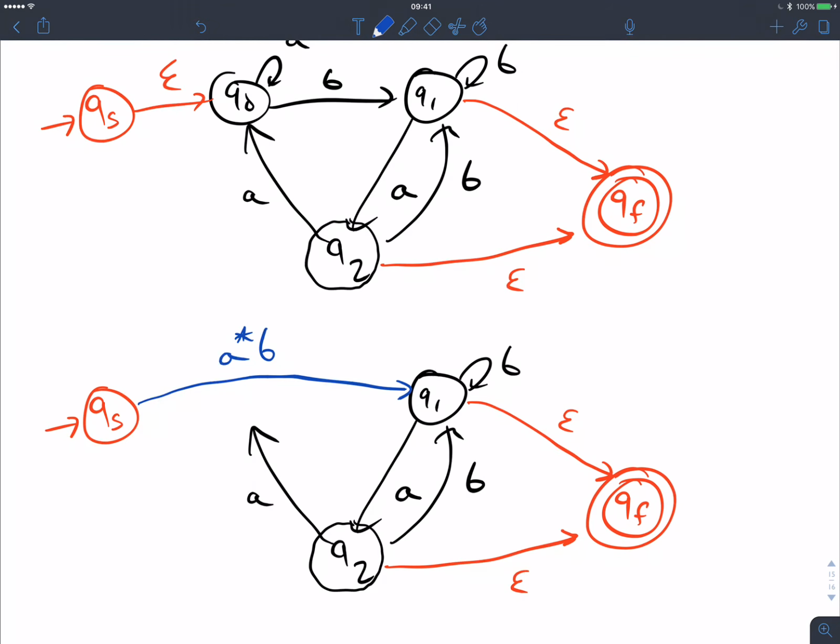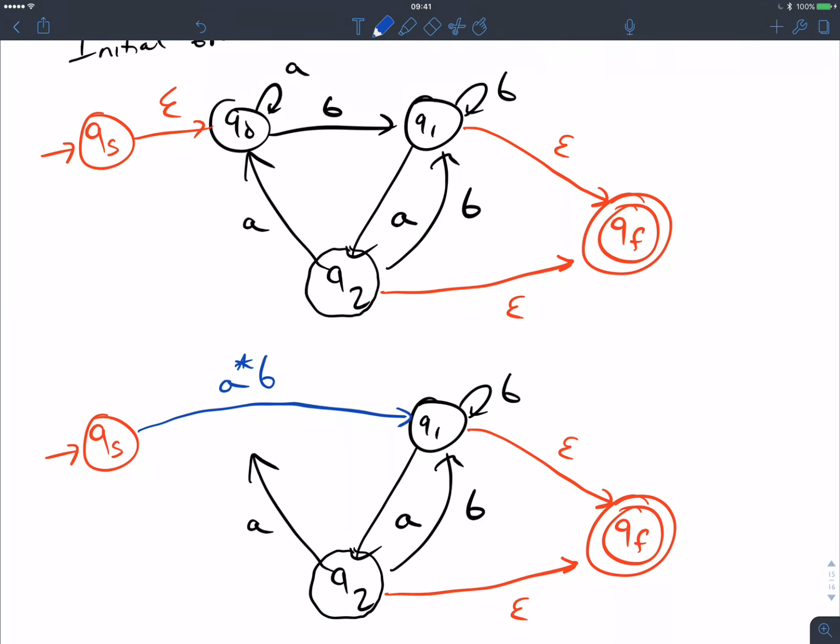And then now what? Q2 to Q1 on what? How do I get from 2 to 0? A. Loop on Q0 is A star. 0 to 1 is B. So what is the concatenation of those?